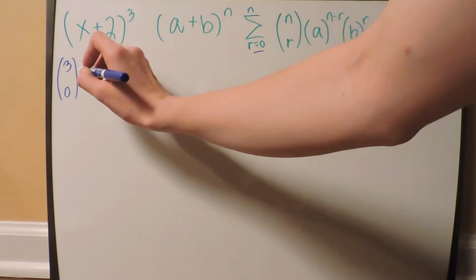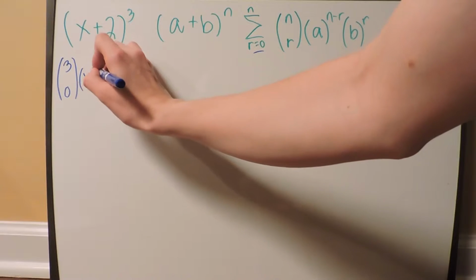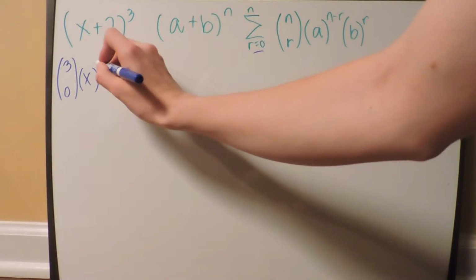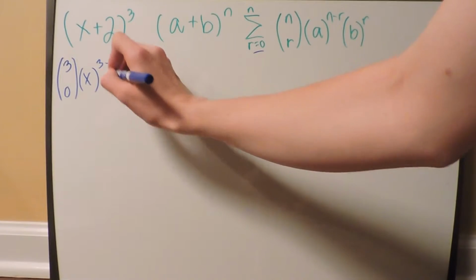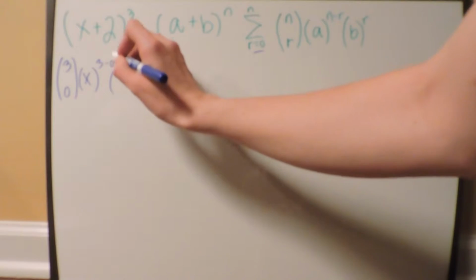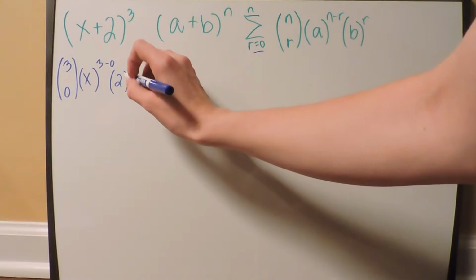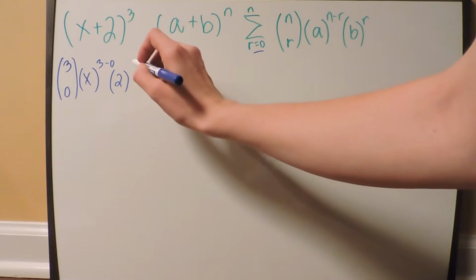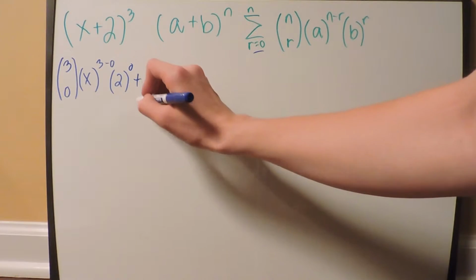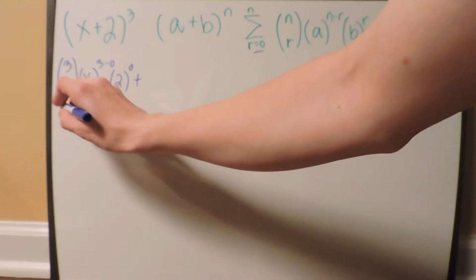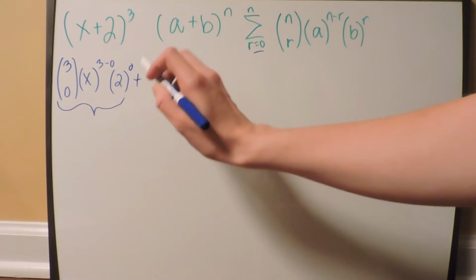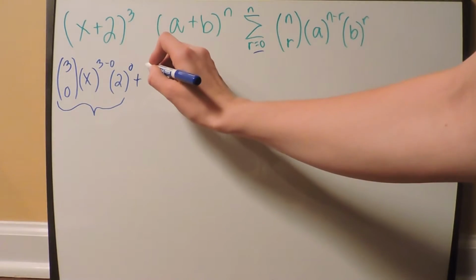Now we're going to put a, which in this circumstance is x, to the n minus r, 3 minus 0, right? And we're going to multiply that by 2 to the r, which in this case, what's r? 0, right?